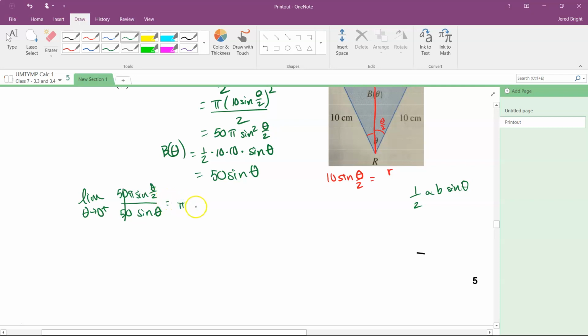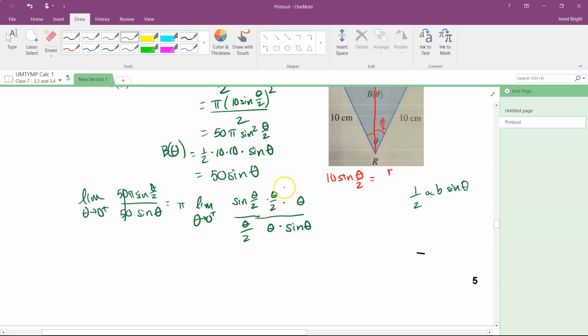So I'd have pi limit as theta goes to 0 from the right, and then sine of theta over 2. And what I'm going to do is insert a theta over 2 here, and then times theta over 2. And then similarly, this is also multiplied together, I'm going to do sine of theta here, and then theta here, theta here.